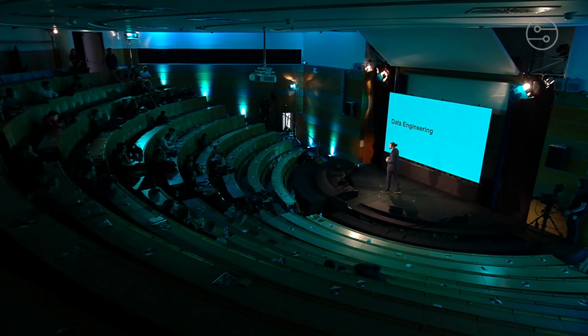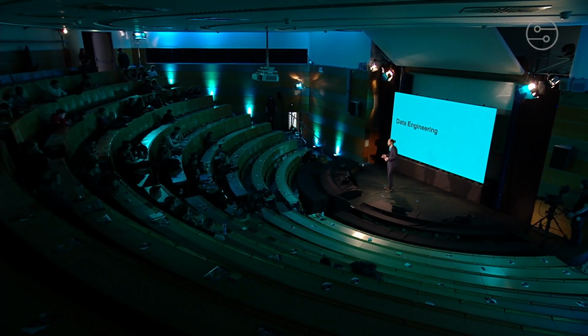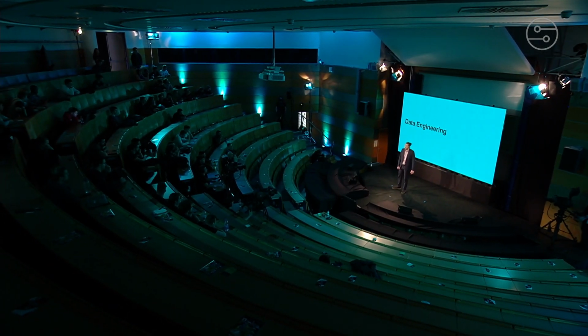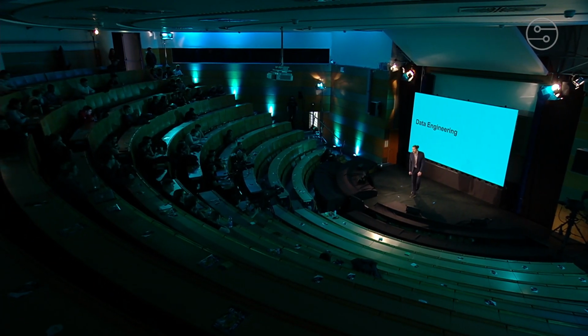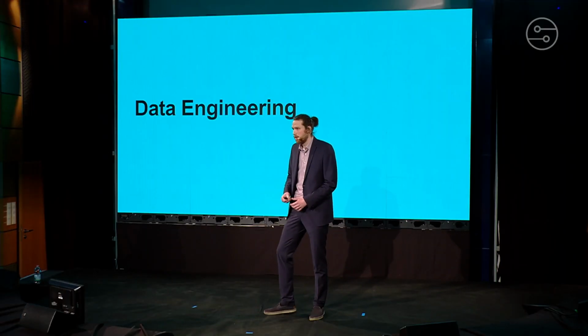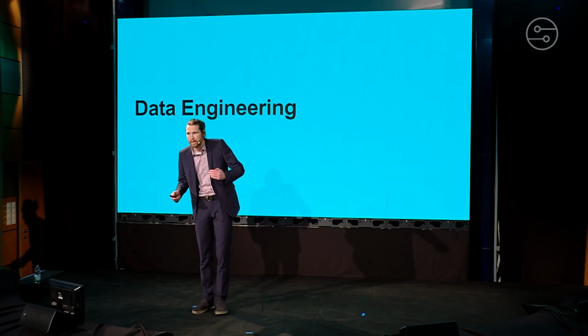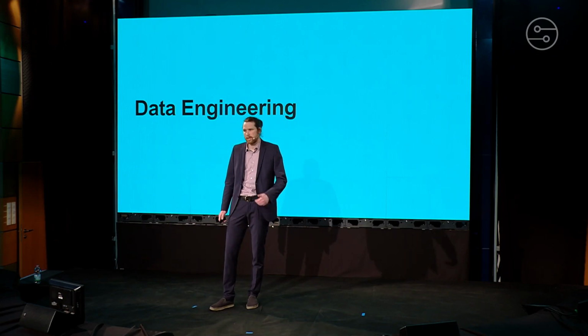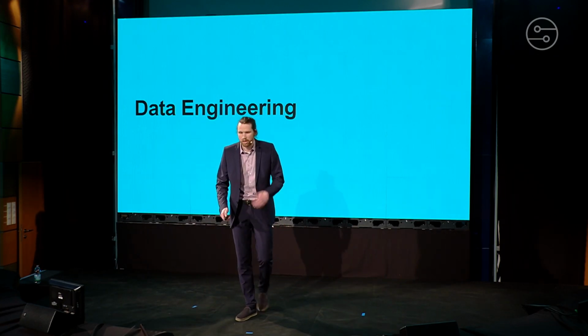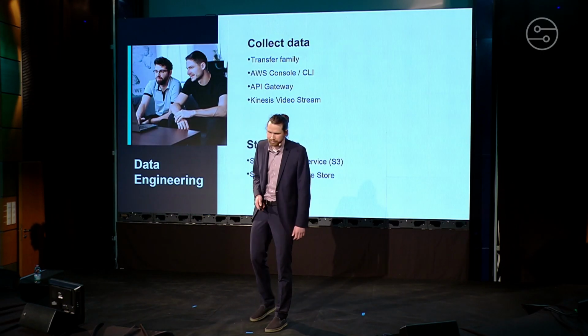We might need to deal with real-time processing, massive scale, heterogeneous data sources, or obviously strict security requirements. So let's see how AWS can do the heavy lifting when it comes to data engineering.